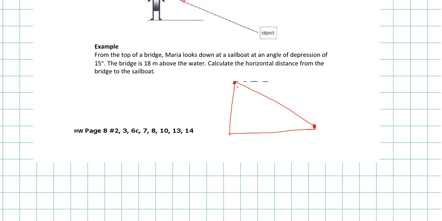So what is this? This is 75 degrees. Yes, because you have a vertical line and a horizontal line, and a vertical and a horizontal make 90 degrees. Are we okay with that?